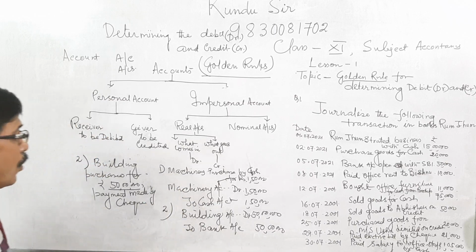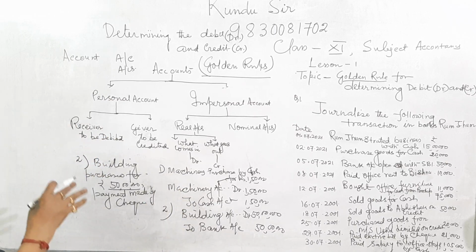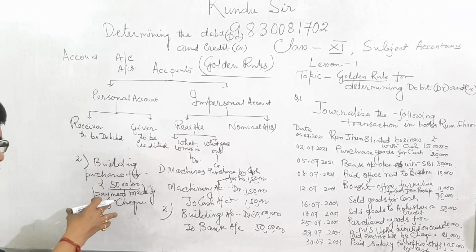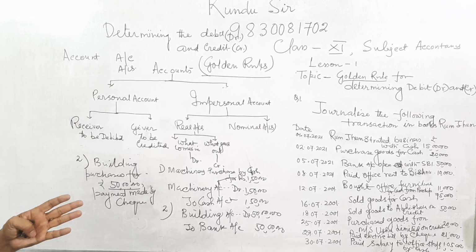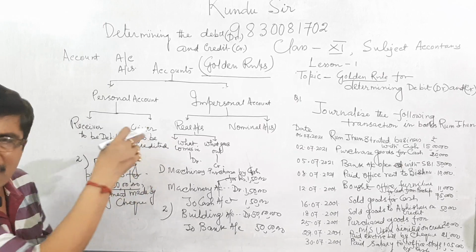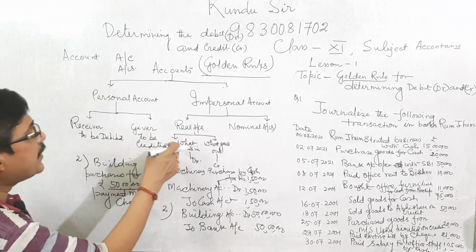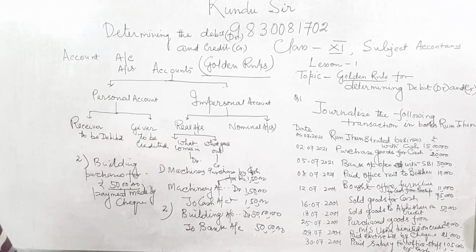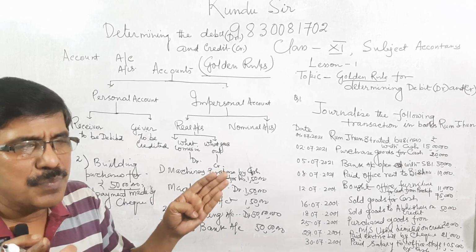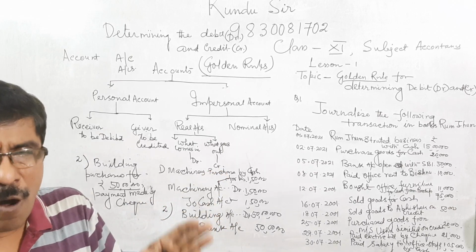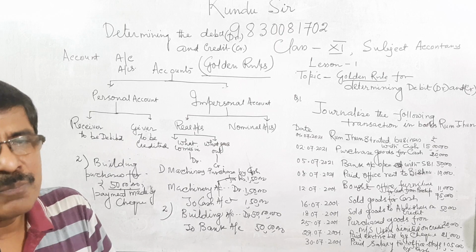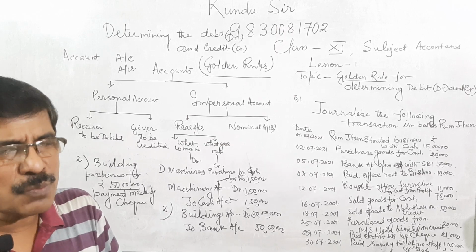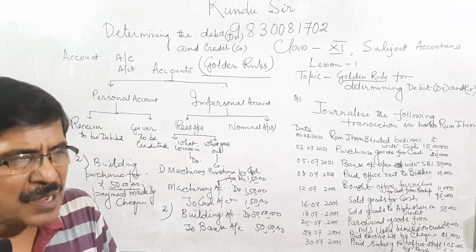Next, we are purchasing a building for office for rupees 50 lakhs. What comes in? We are getting building. It is a real account because the account of building is to be maintained by the office years after years.